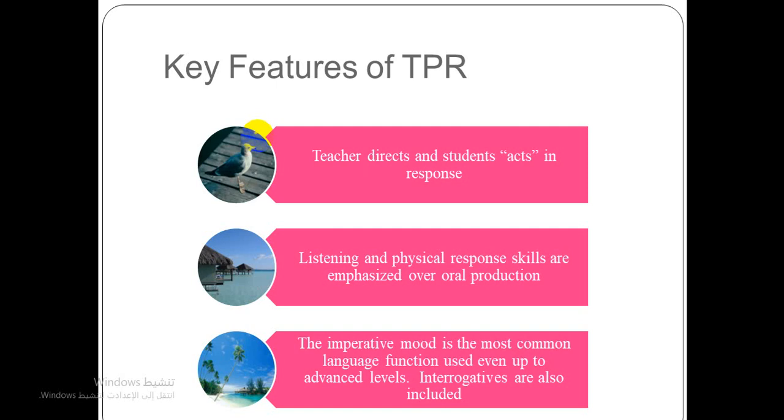In this method, learners monitor and evaluate their own progress. Students should be more active and talkative. The teacher and the students are the actors in the teaching and learning process.